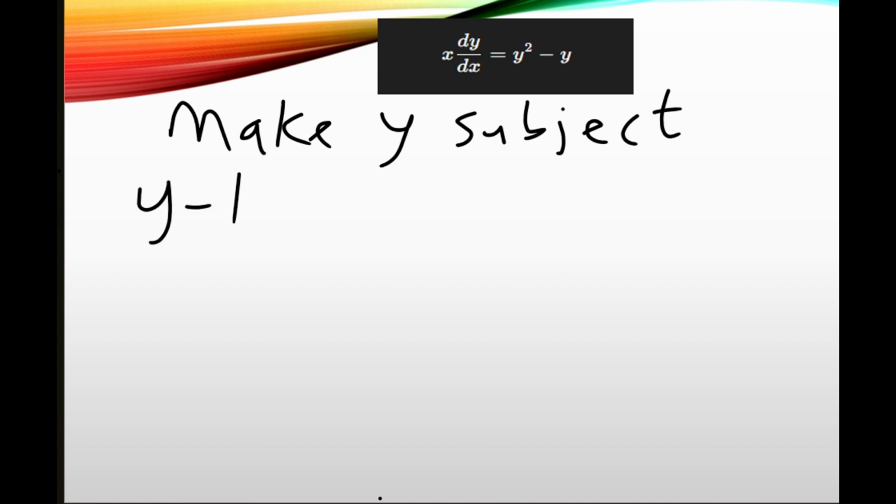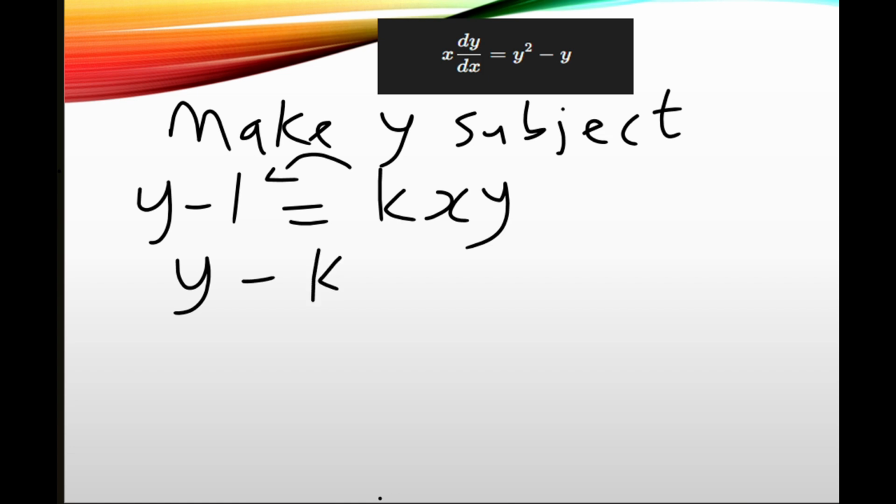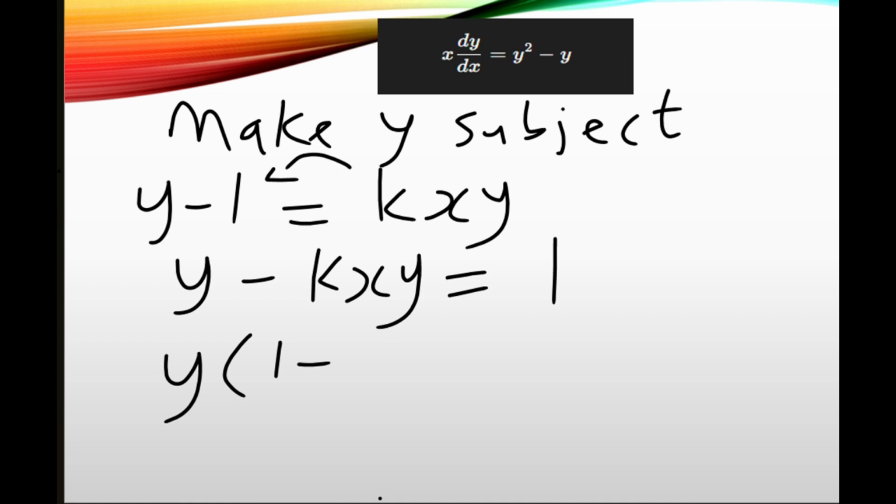So y minus 1 is equal to kxy. Then we send the kxy to the left hand side and bring the negative 1 to the right hand side. So it becomes minus kxy, and the negative 1 becomes positive 1. Now we have y, so we factorize it out. So we have y times 1 minus kx is equal to 1.